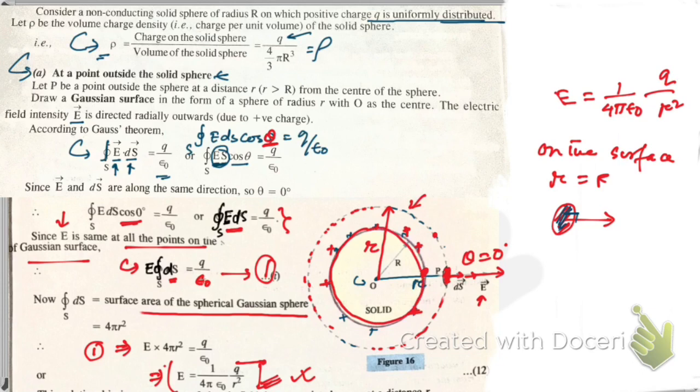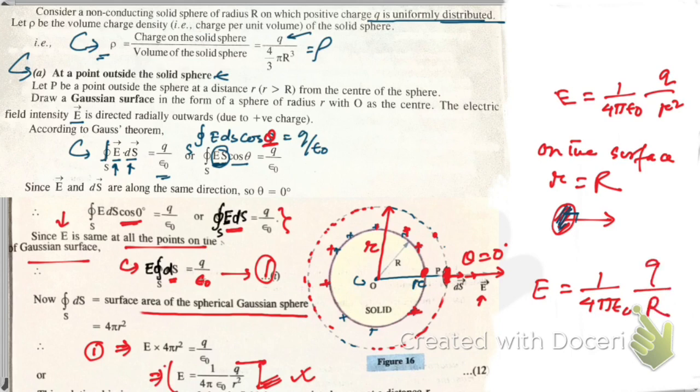If point P lies on this sphere, small r will be equal to capital R. In that case, E will be equal to 1 by 4 pi epsilon naught, q by capital R square.